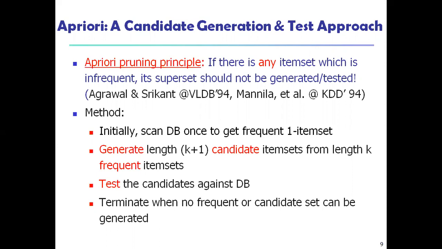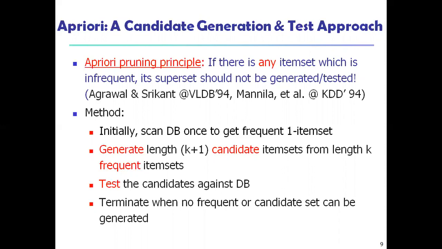Then we'll see what the methods are. First, initially scan the database once to get the frequent one item sets. The first thing in this method is to scan the entire database to see which are the frequent one item sets. Then generate the length k plus 1 candidate item sets from the length k frequent item sets.